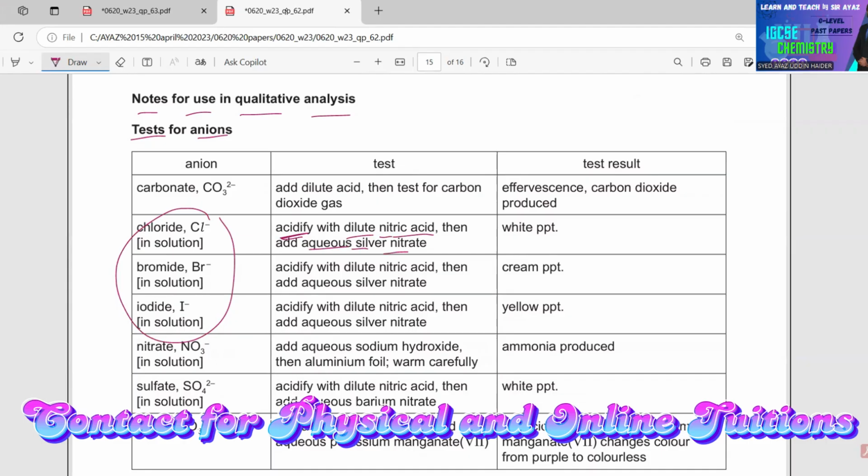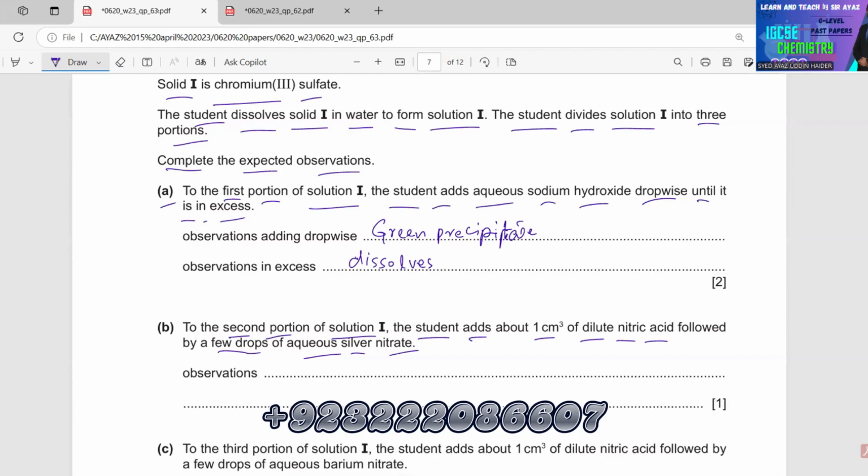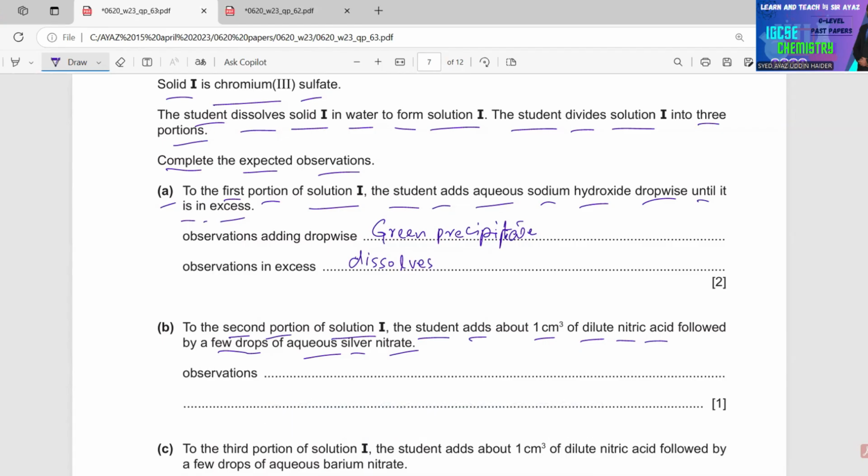So there's no change, which indicates what? You write no change, because this test is for the presence of chloride, bromide, iodide. We don't have chloride, bromide, or iodide. So you write no change or no precipitate obtained.